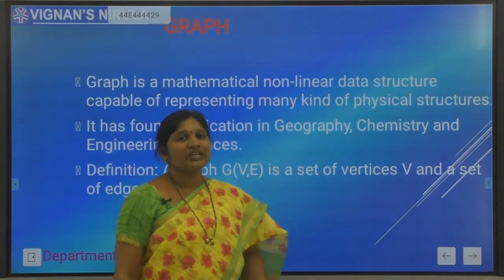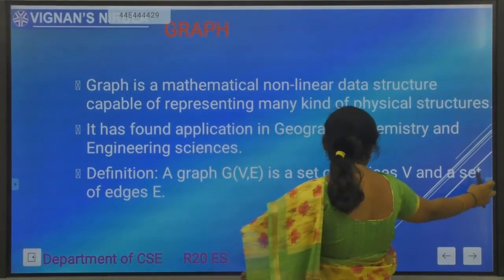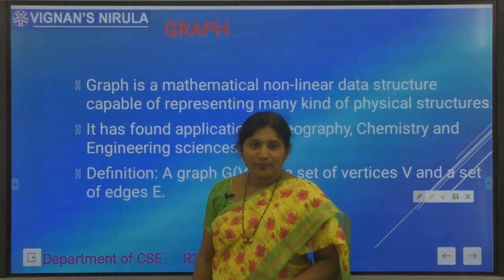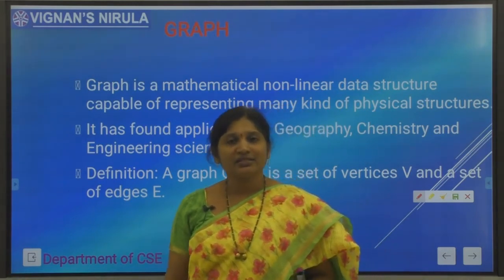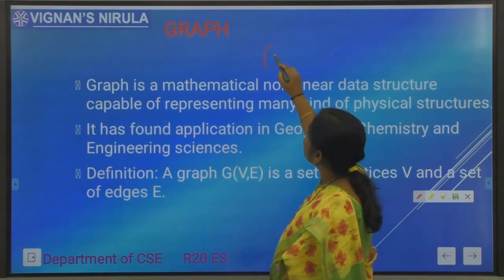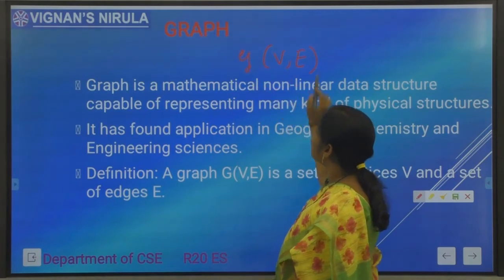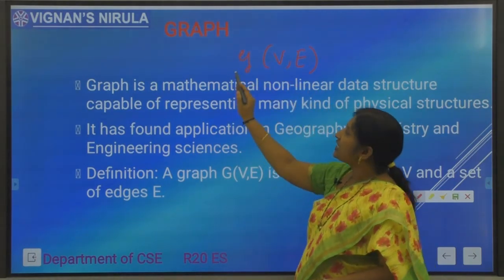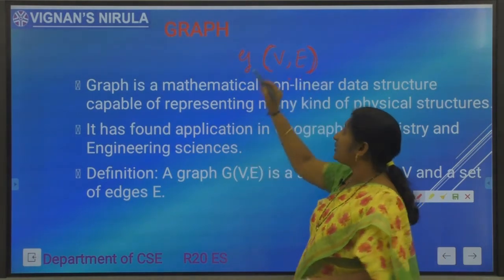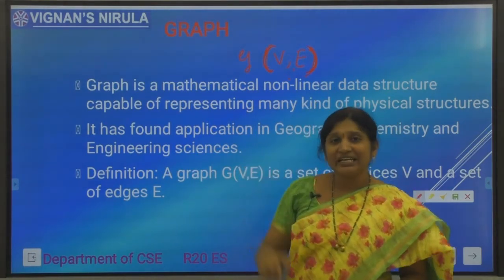So the last important data structure is graph. What is a graph? As its name indicates, a graph G can be defined as an ordered pair of 2 elements called V, E. In mathematics, an ordered pair is always represented by parentheses. An unordered pair is represented by curly braces.